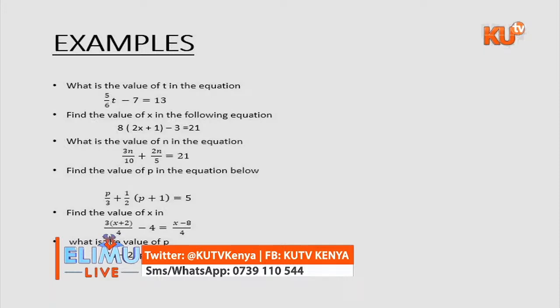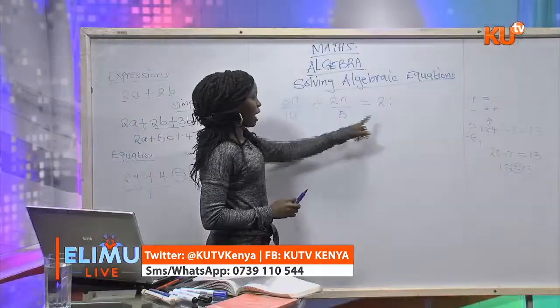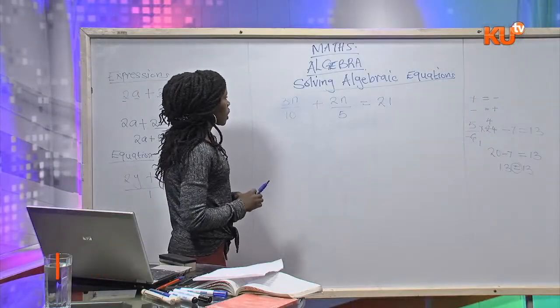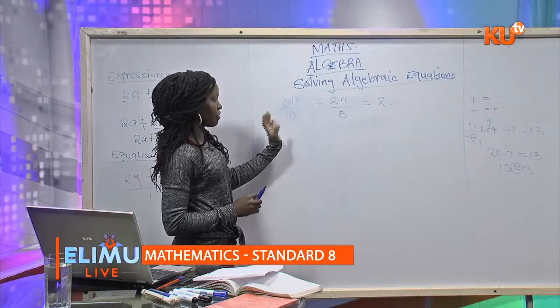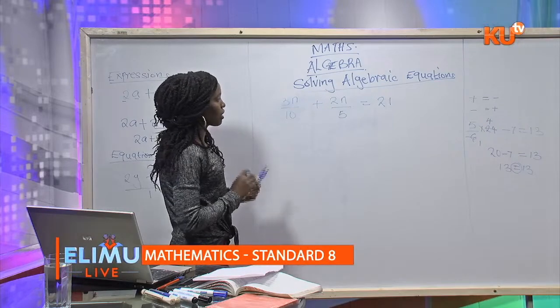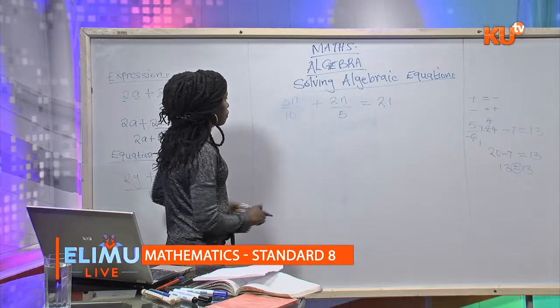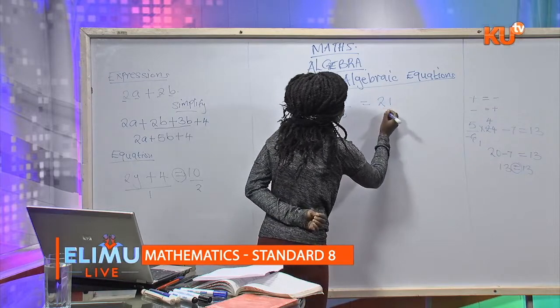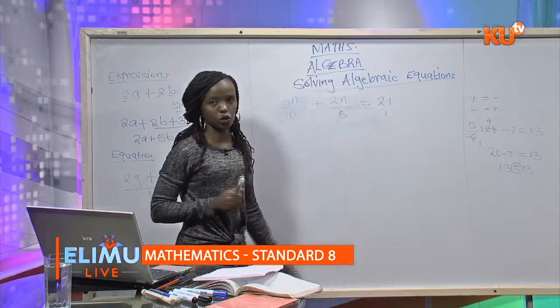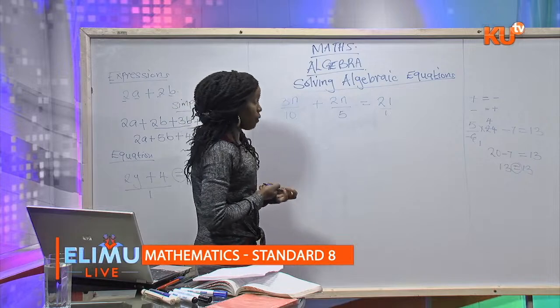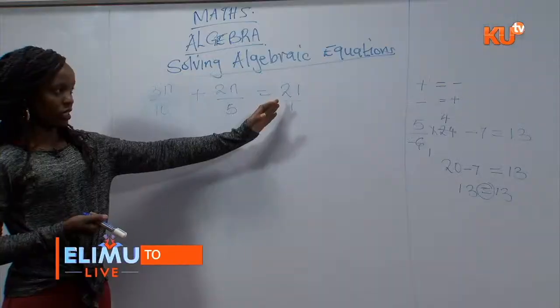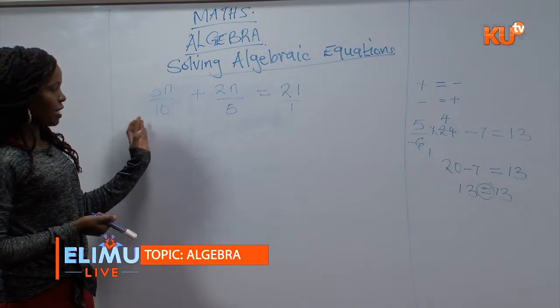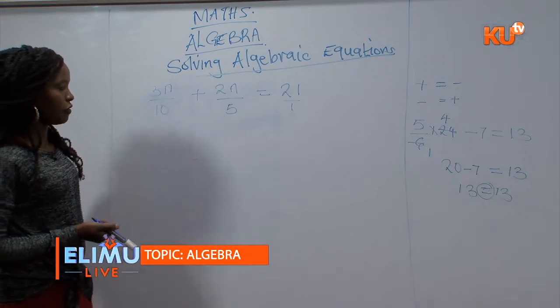If you look at our equation, we have two fractions and we have a whole number. We can't solve it when you have a fraction and a whole number, so you have to make all the numbers the same. So this 21, we are going to put it over 1 to make it a fraction. Any number divided by 1 doesn't change. So we look for the LCM of 10 and 5.